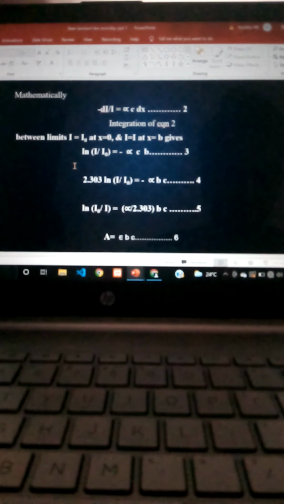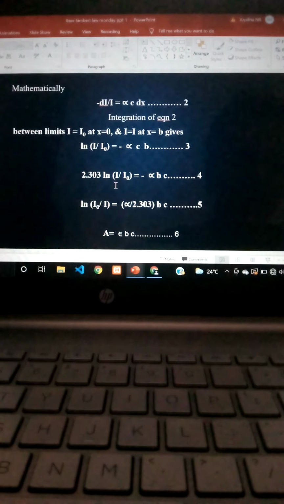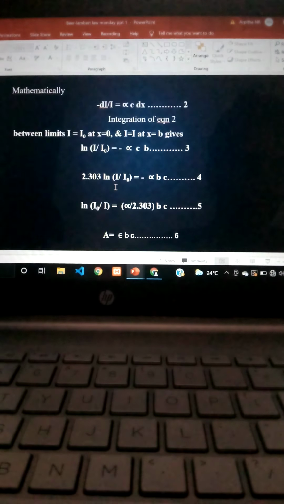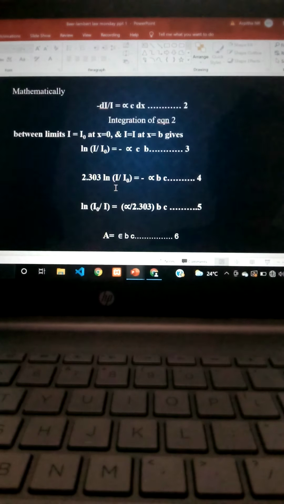This is equation 3. On multiplying 2.303 on the left hand side of equation 3, you will get a new equation called equation 4. Equation 4 is written as 2.303 log I by I naught is equal to minus alpha b into c.